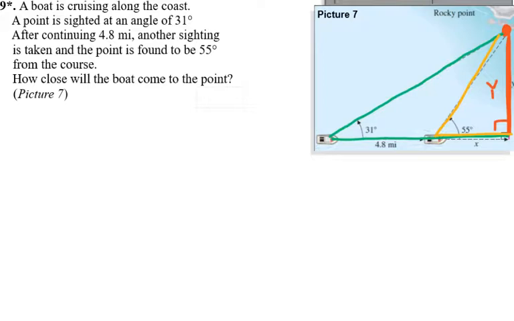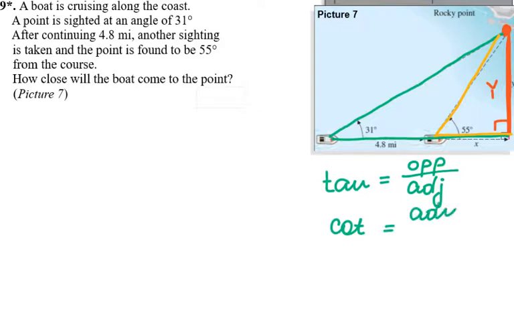If tangent is equal to the opposite over adjacent side of the angle, then cotangent of an angle is equal to adjacent over the opposite. So it's just the reciprocal of it.